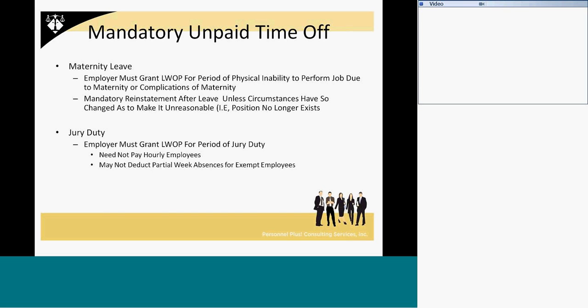Under federal law, maternity leave is considered equivalent to other temporary disabilities and is supposed to be treated the same. Jury duty is covered by a law called the Jury System Improvements Act. It basically requires employers to provide leave without pay during the period of jury duty unless excused by the judge. You don't have to pay them.